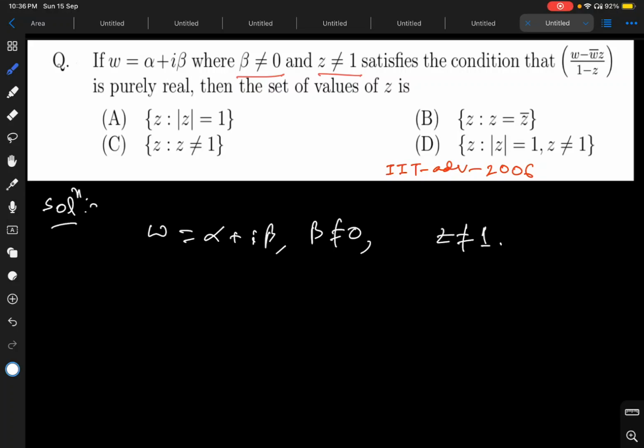If z is equal to 1, then this function becomes undefined. I'm supposing this is z1, that is (omega minus omega bar z) by (1 minus z). If z is equal to 1, then this given z1 will be clearly undefined.